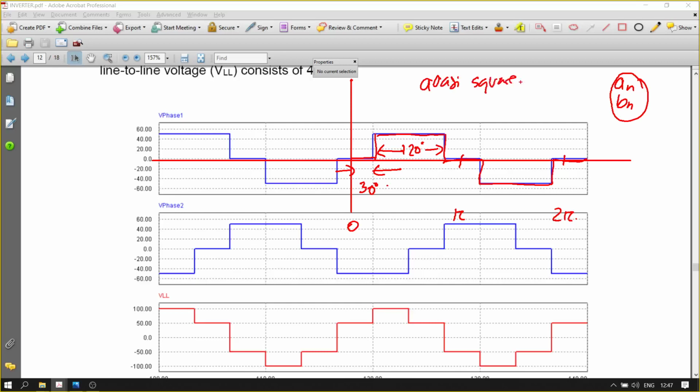We have looked into the quasi square waveform just now, whereby it is odd and quarter wave. It is an odd and quarter wave waveform.